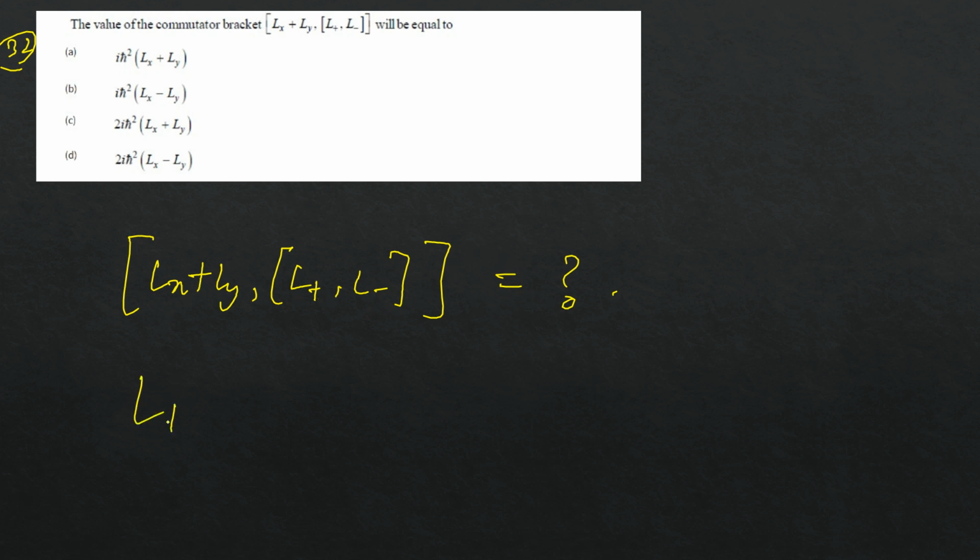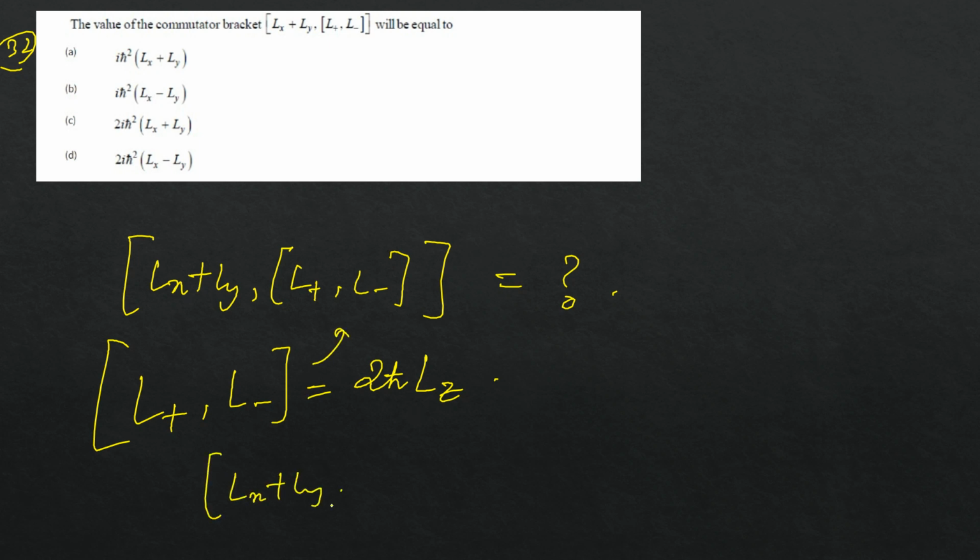See, one thing you have to remember: the commutator [L+, L-] is 2ħ Lz. This one you have to remember. So I will put it here: (Lx + Ly) 2ħ Lz.